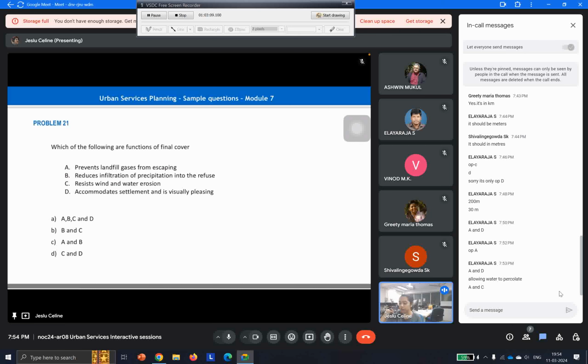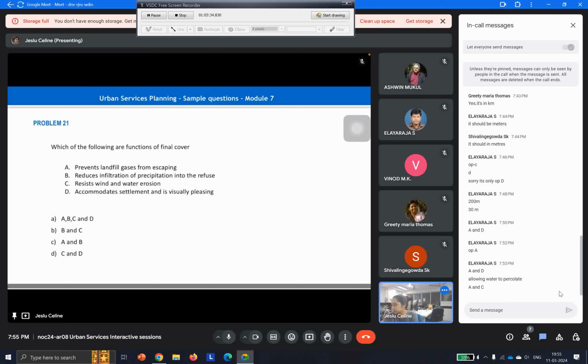Which of the following are functions of final cover? So we discussed final cover before. We have a barrier layer, we have drainage layer, and then we have the vegetative layer. Now this question is asking, what is the function of this final cover? A, it prevents landfill gases from escaping. B, reduces infiltration of precipitation into the refuse. C, resists wind and water erosion. And D, accommodates settlement and is visually pleasing.